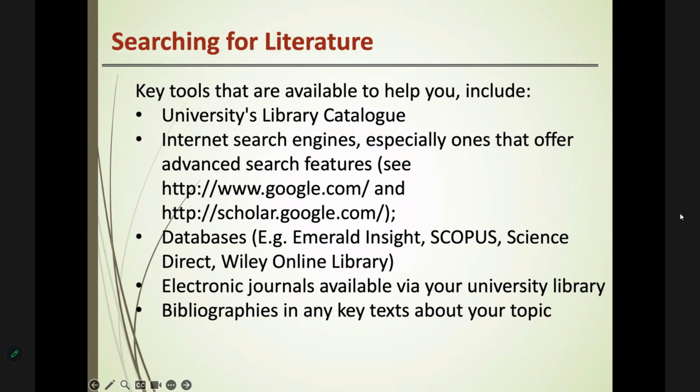I'll show you Google Scholar as well. Because when you just Google it, it searches the relevant topic across the whole database. But when you go to Google Scholar, it will only search the relevant topic within academic journals, articles and conferences.